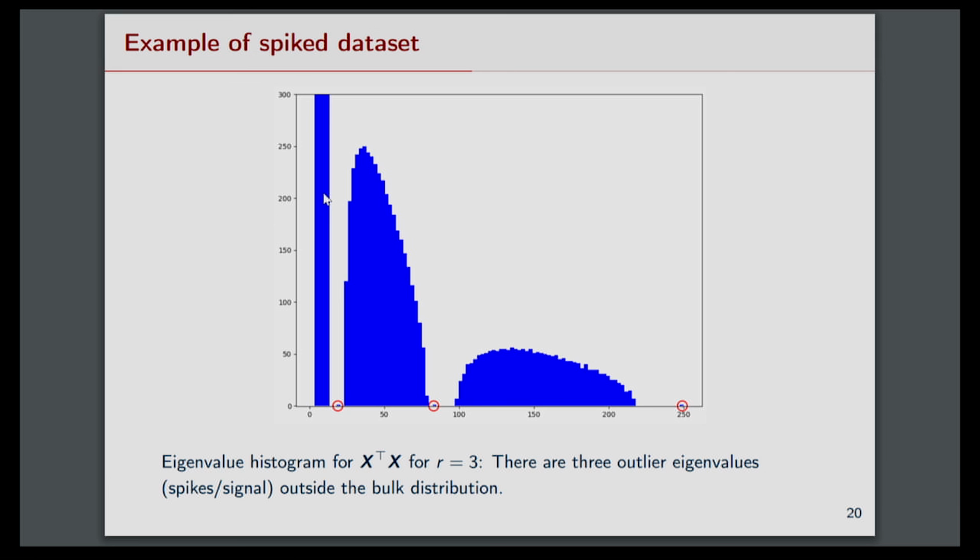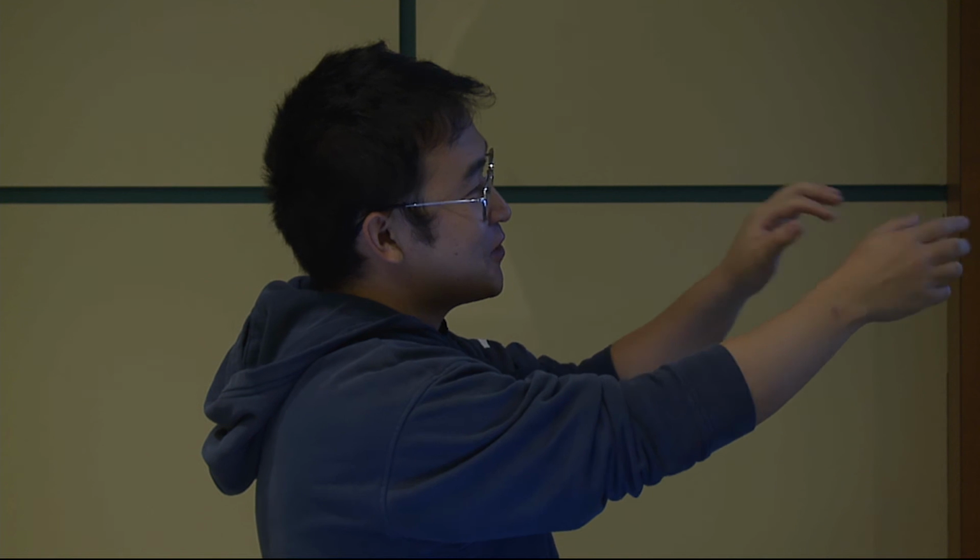For the Gaussian mixture case, I just gave an example where the largest eigenvalues correspond to the spike. But in general, you can have a data set with a certain spectrum like that, and then you can have an outlier eigenvalue between some bulks. Do you have an example of this? For the data set? Yeah. No, we don't have one; that's just a general theory. I don't have a real-world data set that looks like that. Thanks.